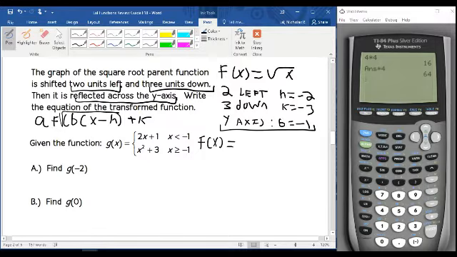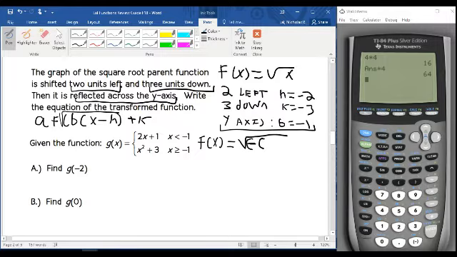f of x is going to be equal to the square root of negative, so the negative is going to be inside the square root function, and then we'll have x. Well, let's keep this consistent.